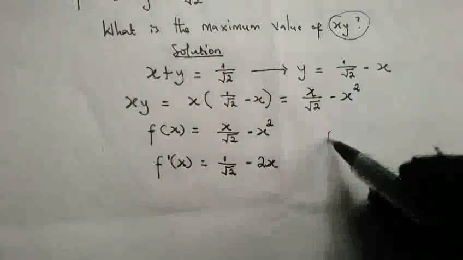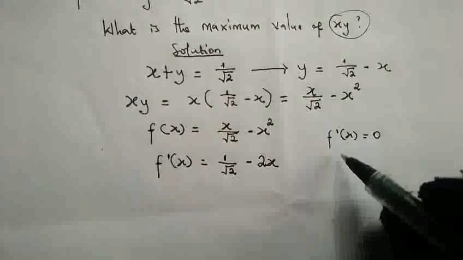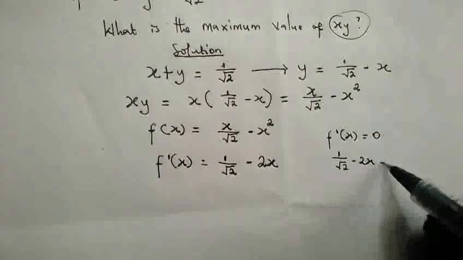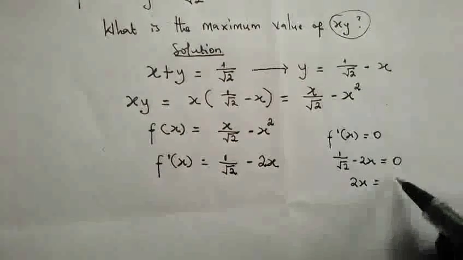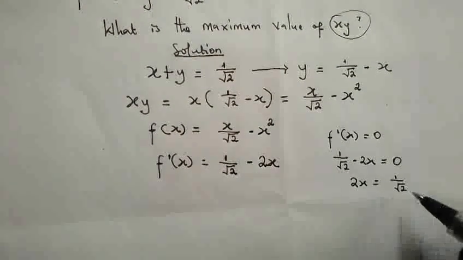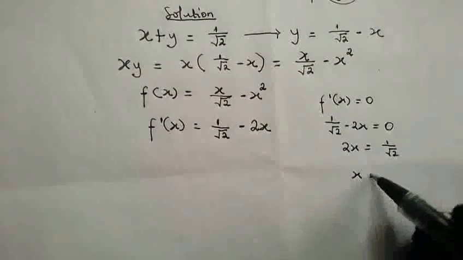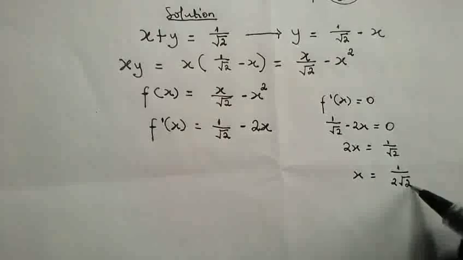So equating f prime of x equals 0, we get 1 over root 2 minus 2x is equal to 0. So solving, we have 2x is equal to 1 over root 2. Now dividing both sides by the coefficient of x, we get x is equal to 1 over 2 root 2.